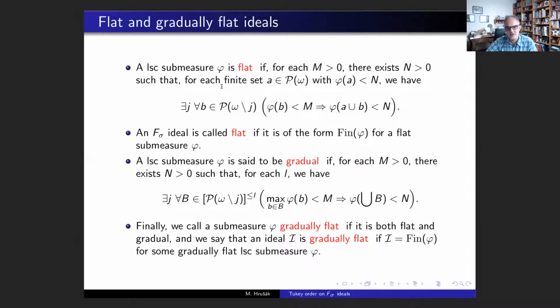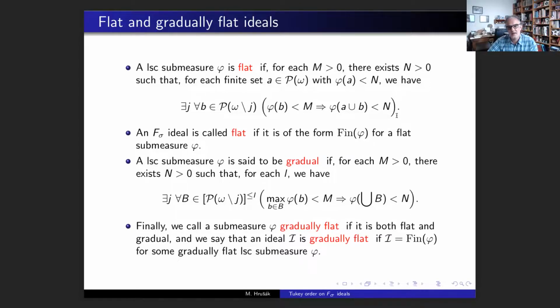A submeasure is flat if for every number m, we can find another number n, such that if we take any finite set A, which has measure less or equal than n, we can go far enough, so there is a j, such that if we take any set B of submeasure at most m, which lives above j, so they are very, very far away, then they really don't add anything to the measure of A. So the submeasure phi of A union B is still at most n.